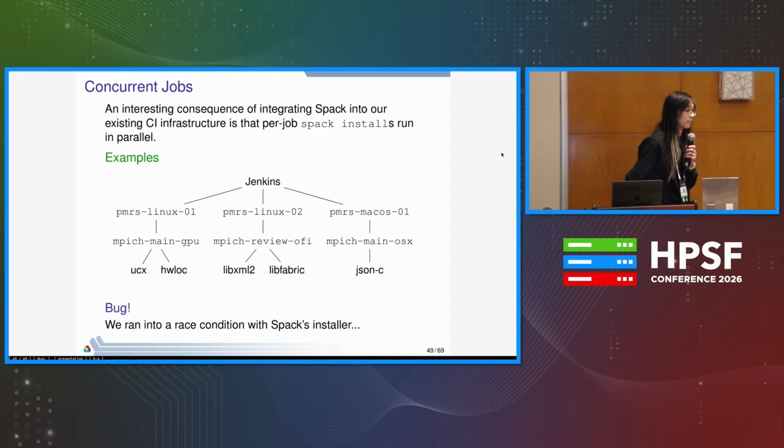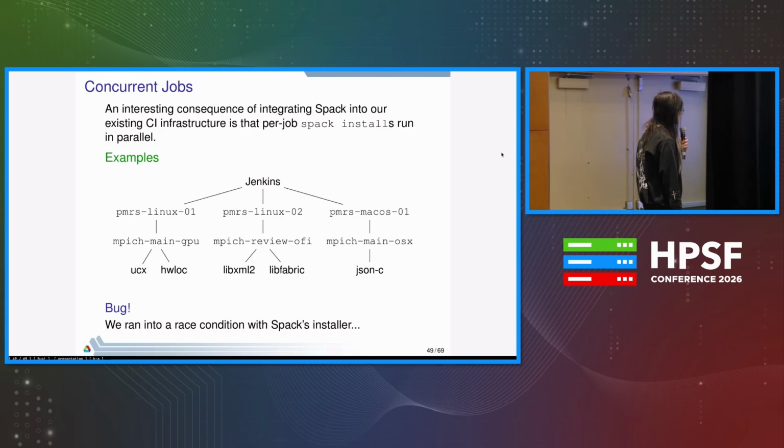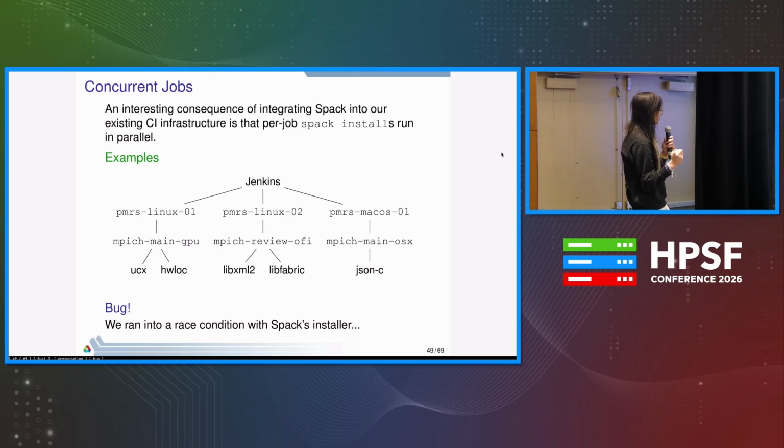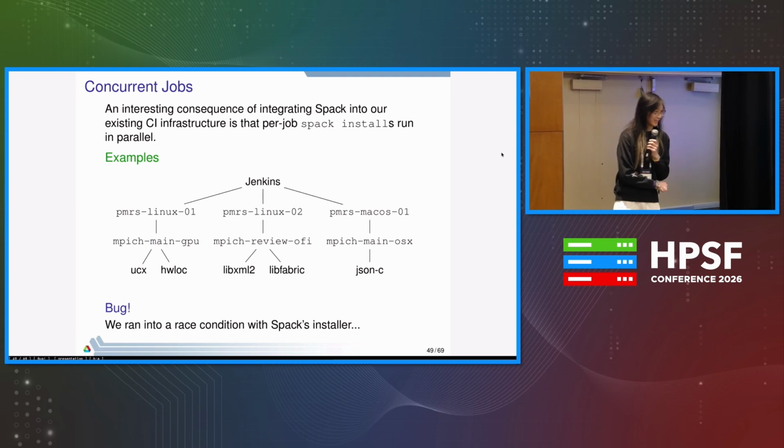We did actually run into a bug while doing this, though, and this was a known issue already on Spack's GitHub, but there was a very particular condition where the build installation would exit early because it would detect another process of Spack installing packages at the same time, and then it would exit the loop and quit out, thinking that it's done when it wasn't.